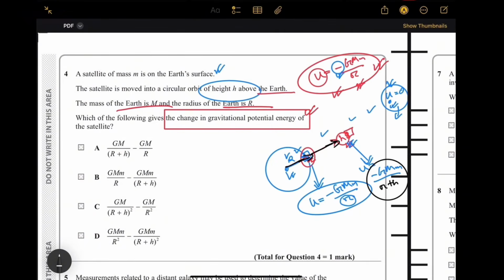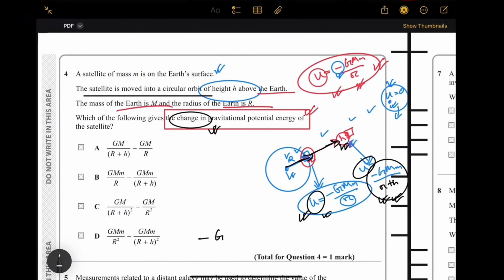Now if we have to find the change in gravitational potential energy, this is the value at the surface of the earth, and this is the value at the height h to which the satellite was moved. We have to subtract the initial value from the final value.